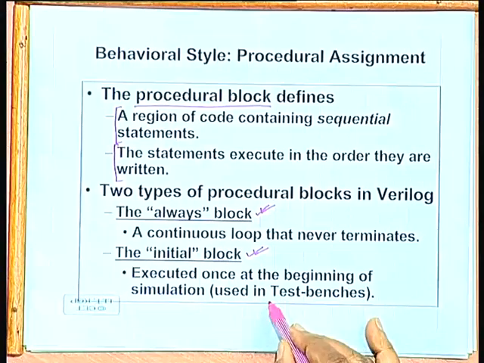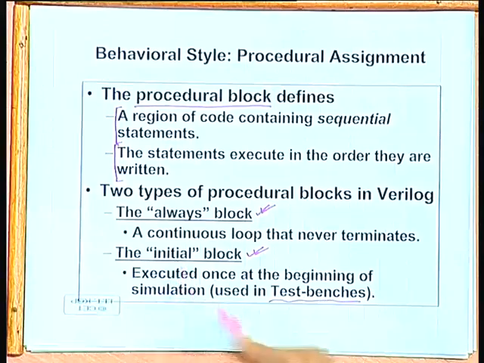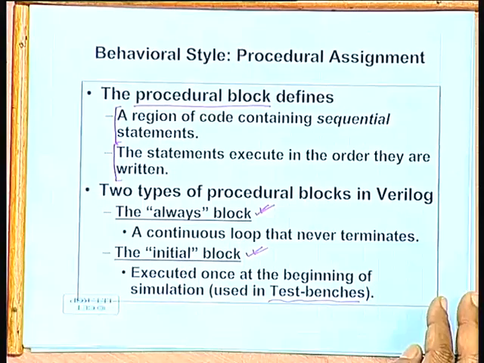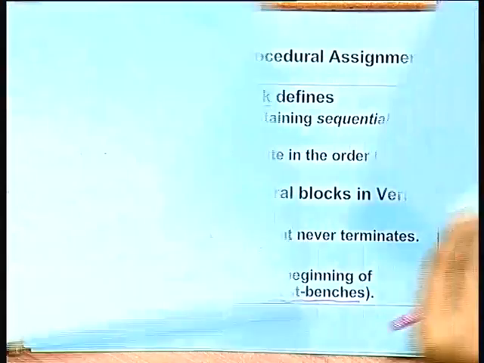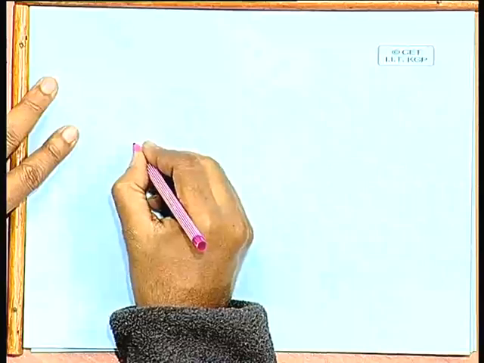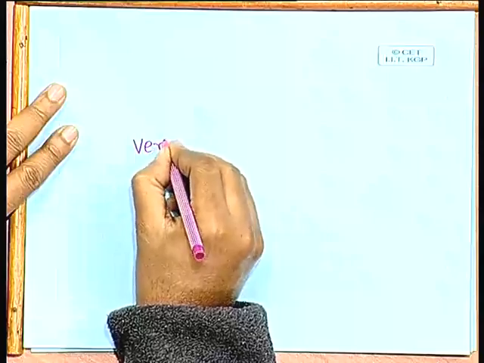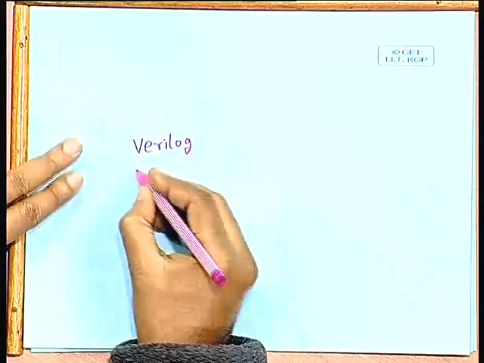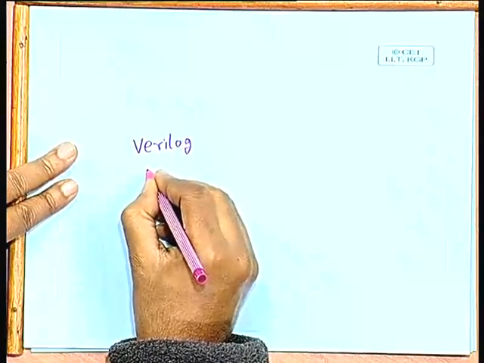See, there is something called a test bench. This initial block is used in a test bench. Now, let us try to see what is a test bench. The initial block is not synthesizable. Initial block is not synthesizable. The idea is that suppose you have written a Verilog code.